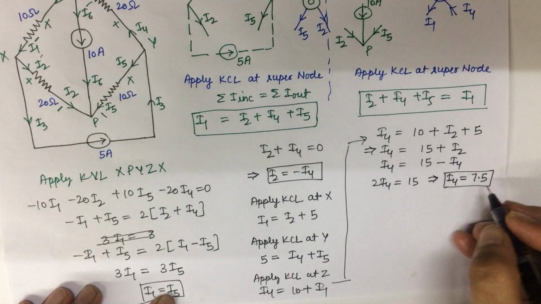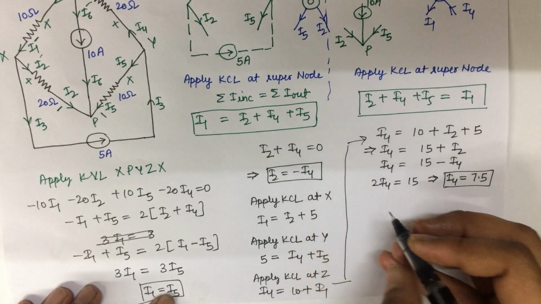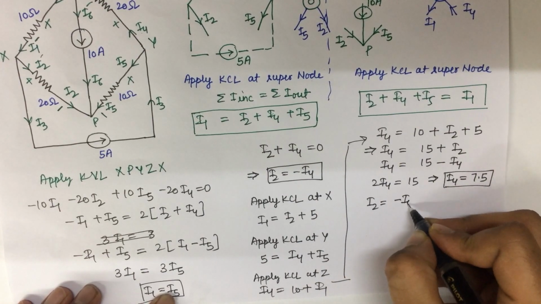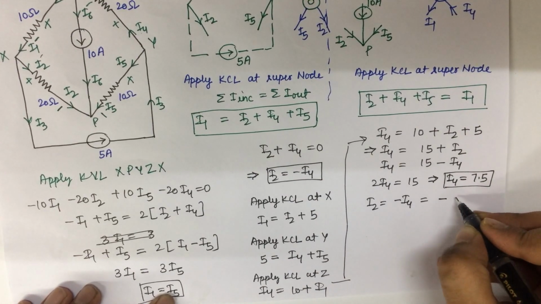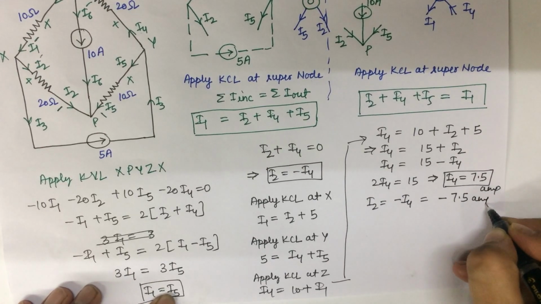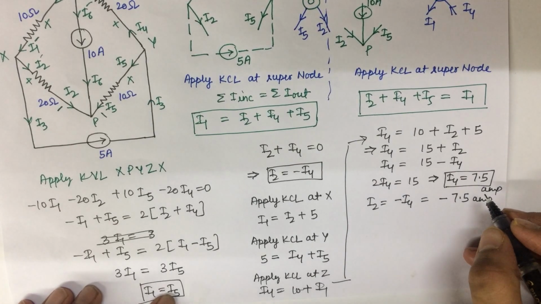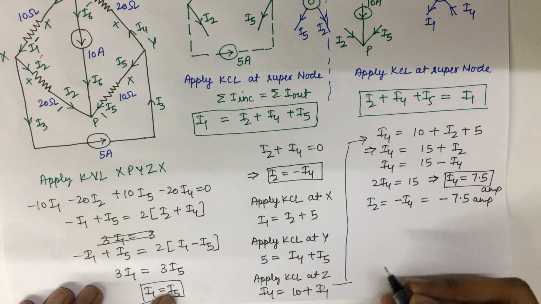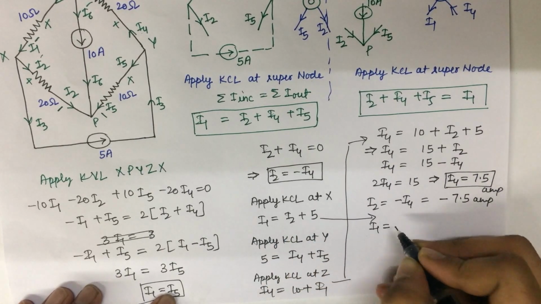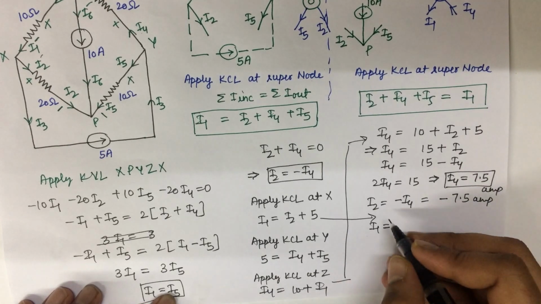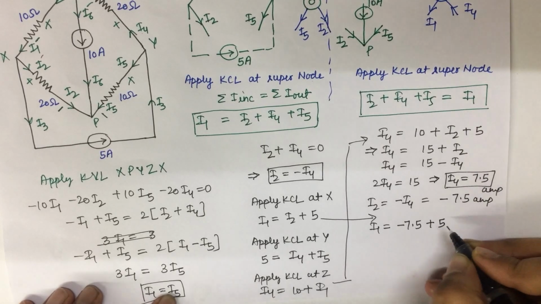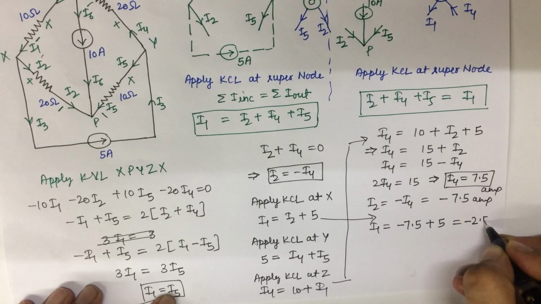Since I4 is equal to 7.5, I2 is equal to minus I4, meaning minus 7.5 ampere. Now we have I4 and I2. In the earlier equation, I1 is equal to I2 plus 5. What is the value of I2? Minus 7.5 plus 5 is equal to minus 2.5.